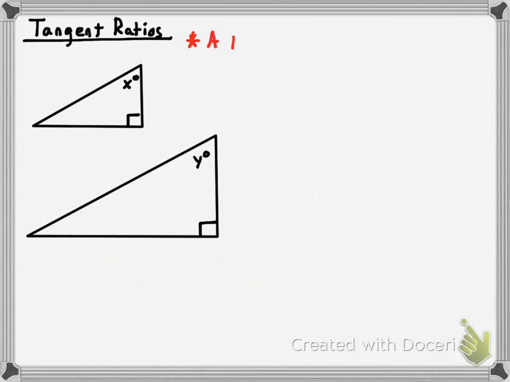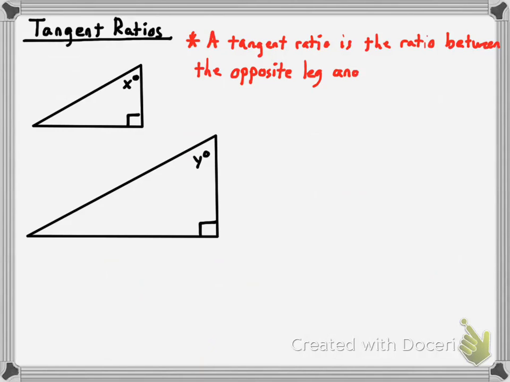A tangent ratio is the ratio between the opposite leg and the adjacent leg from an acute angle in a right triangle.